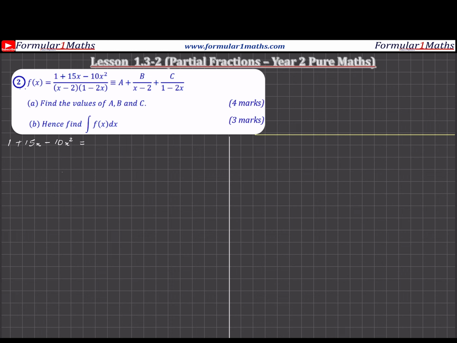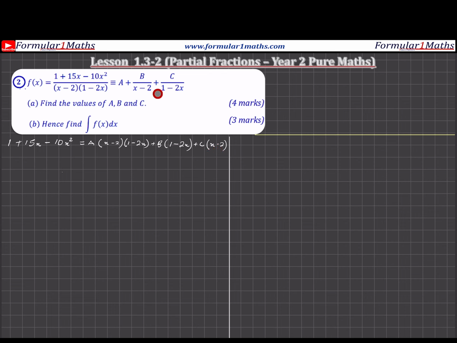That will be equal to a times x minus 2 times 1 minus 2x, plus b times 1 minus 2x, plus c times x minus 2. Because the x minus 2 will cancel out here, I'll be left with just 1 minus 2x. And then 1 minus 2x will cancel out here, and I'll have just x minus 2 left here.